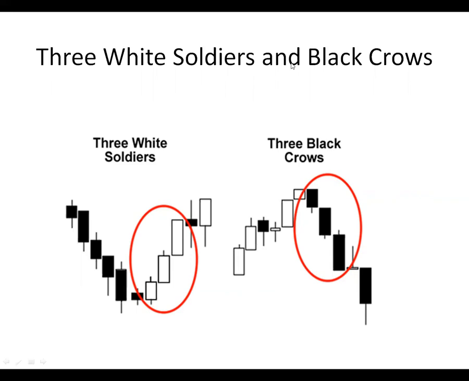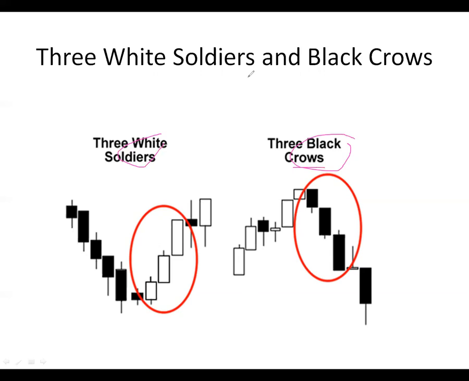Why are the black crows, but the white candles are soldiers? So I think there's some kind of racial meaning or undertone over here. Because if we have 3 white soldiers, at least let's have 3 black soldiers as well. But why 3 black crows?